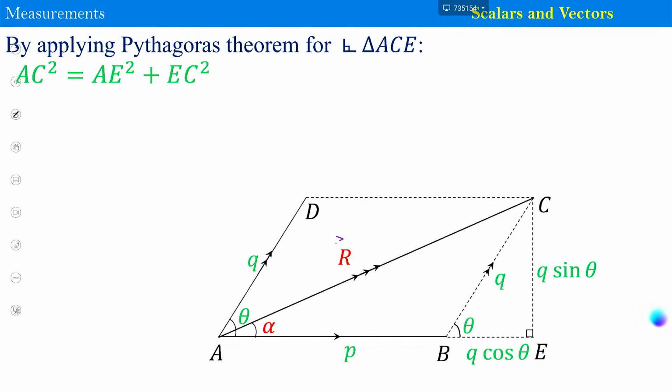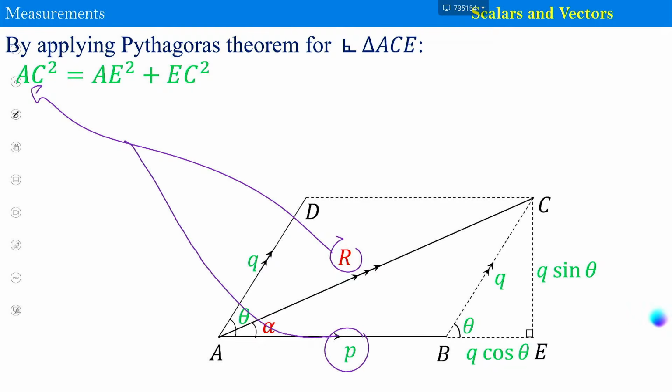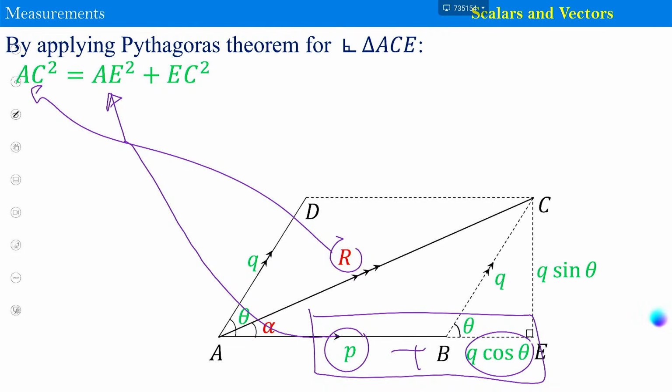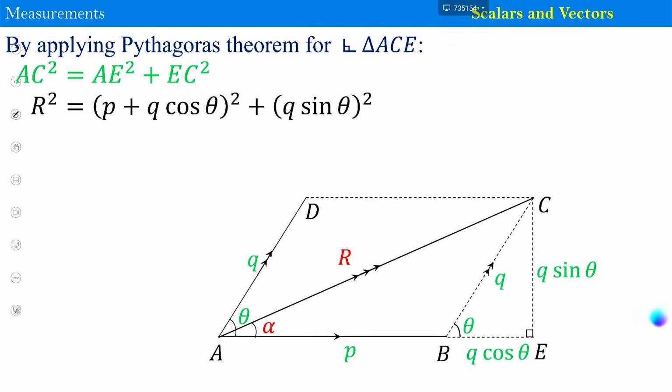AC is R. AE is AB plus BE, added together. And CE is this EC.